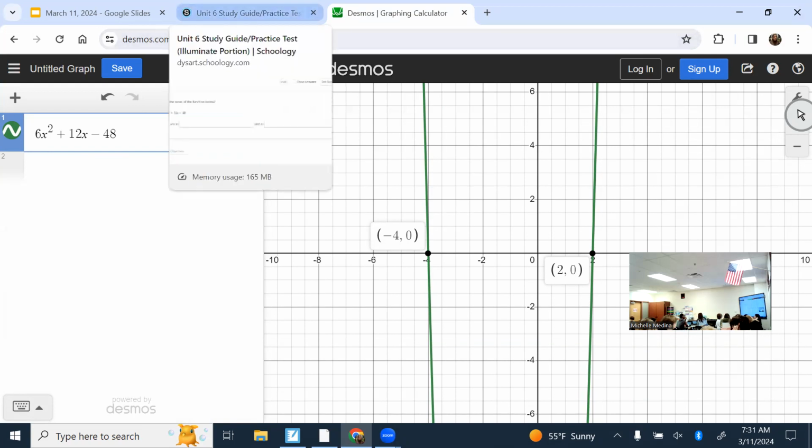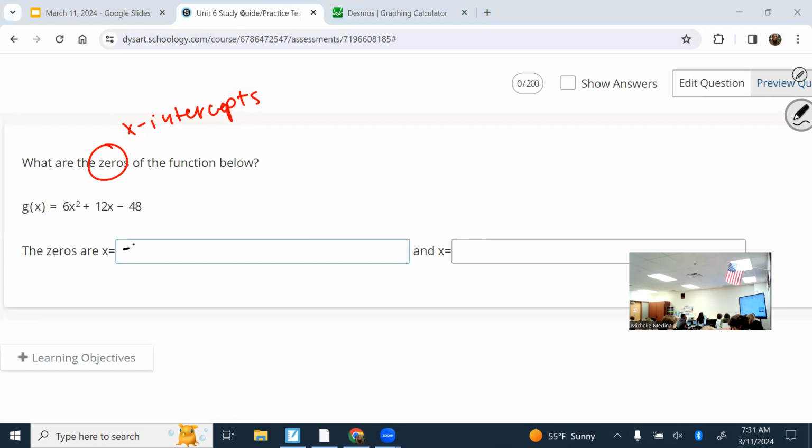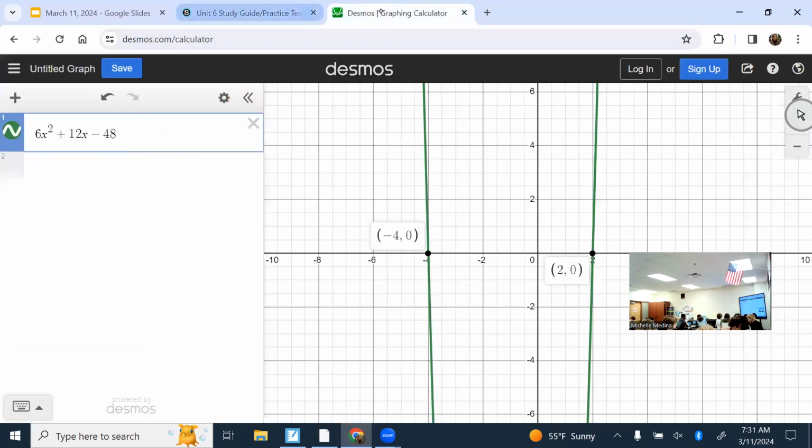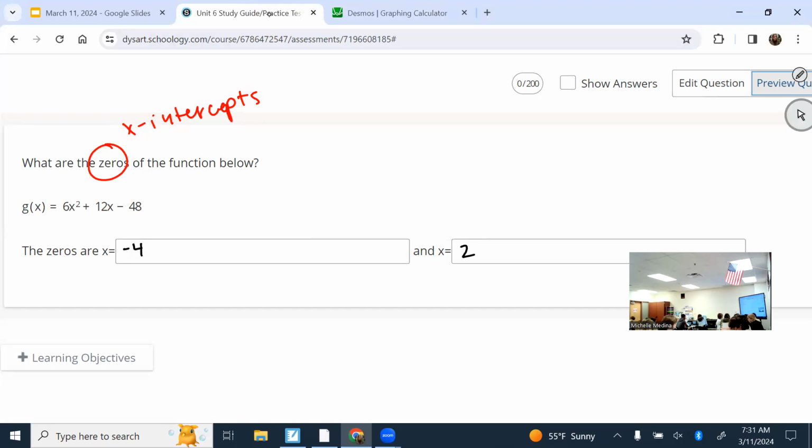But the way it wants it on the test will be you typing in -4 and +2, I think it was. But that's how it was wanted. It doesn't want it in coordinate form when you put it in on the test because it says x equals. But I will give points if you accidentally put it in coordinate form.